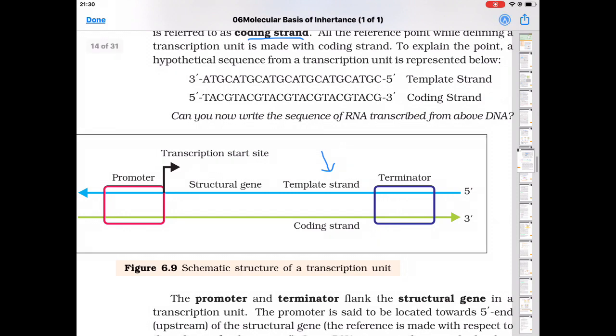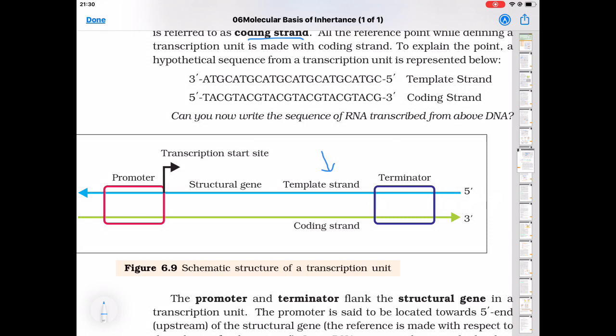Now the question: can you write the sequence of RNA transcribed from the above DNA? It has the same sequence as the coding strand, only in place of T, uracil will be present. So the new RNA strand will be UACG, UACG, UA.